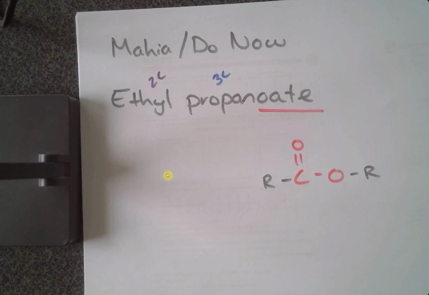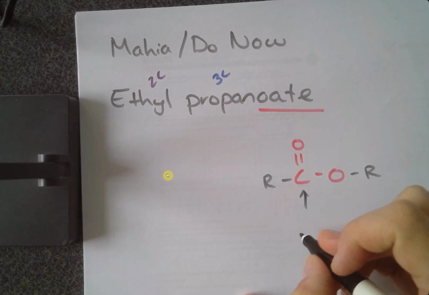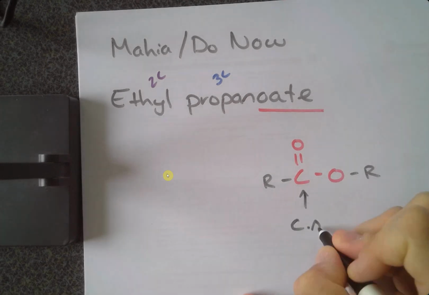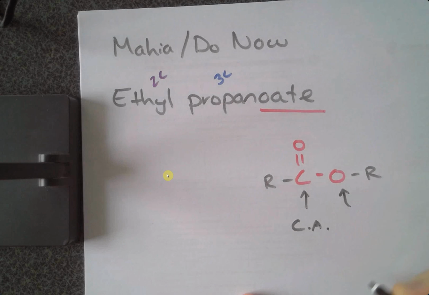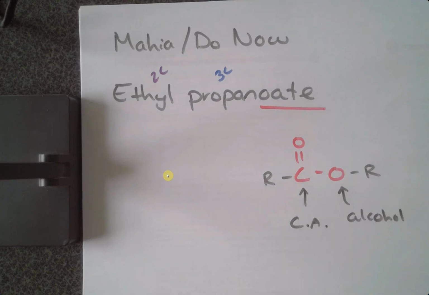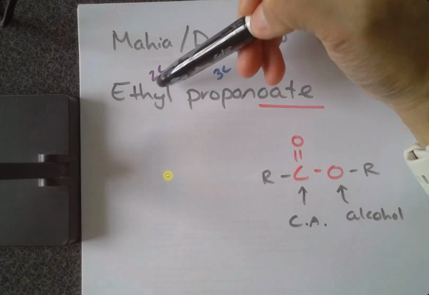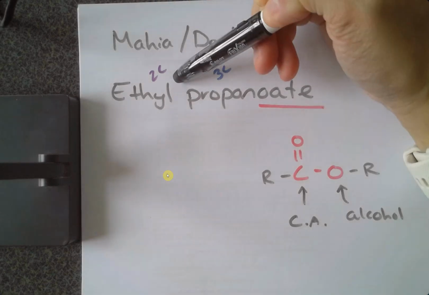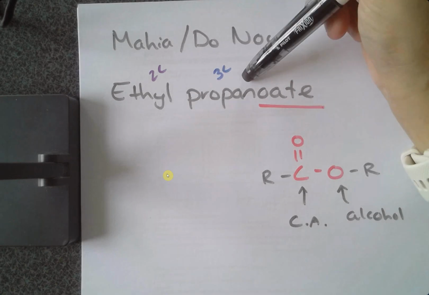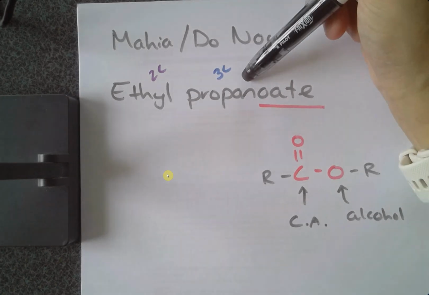So with that information, we're trying to decide which section has the 2 carbon chain and which section has the 3 carbon chain. So keep in mind that this section here with the double bond comes from the carboxylic acid, whereas the single bonded oxygen comes from the alcohol. We good? So when I think about the name, the first bit that's coming in as a branch, that is coming from the alcohol component, and the second bit with the parent chain is coming from the carboxylic acid component.